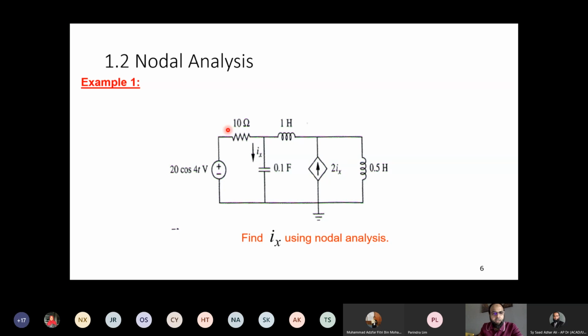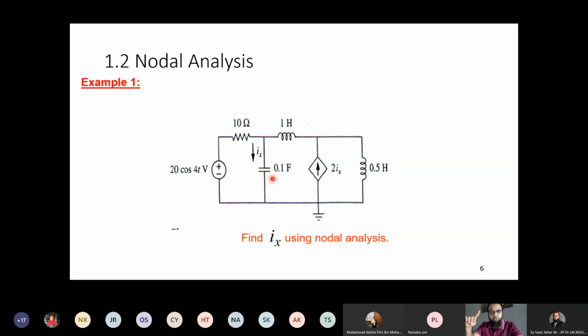If it wasn't for this inductor or capacitor or this sinusoidal source, I think it's a very easy circuit. But since we have frequency and we have the passive elements, the inductor and the capacitor, we have to use techniques that will make this circuit easier to solve in terms of the basic approach.